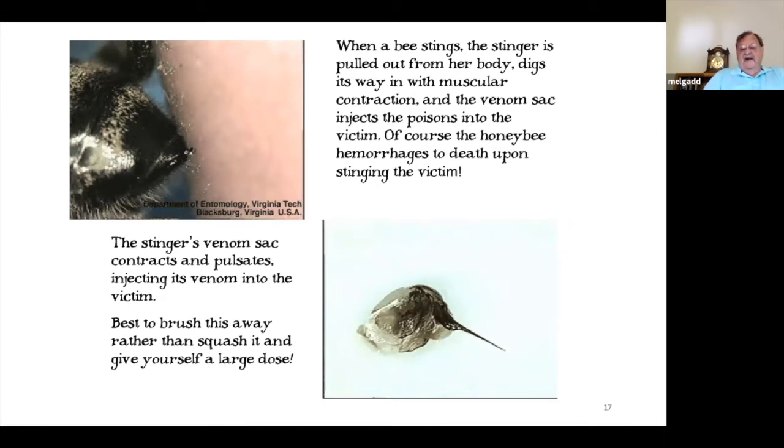Honeybees' stingers, and it's hard to see, but the end of the stinger has little barbs that are similar to a fishing hook. And when they sting you and they go to fly away, the stinger and the venom sac generally gets ripped out of their body and they die. Honeybees will only sting you if you threaten them or their family.